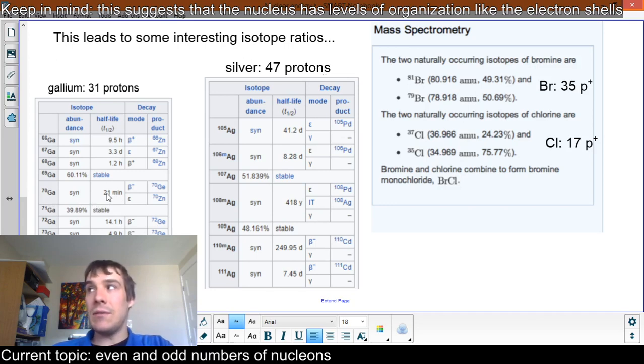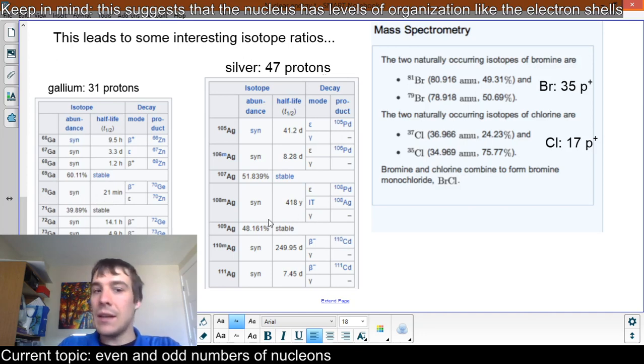So it really shows you that the number of neutrons matters. Gallium has 31 protons. Gallium 71 would have 40 neutrons, which is an even number, and gallium 69 would have 38 neutrons, which is also an even number. So the 2 even numbered ones are stable, and the odd number ones are not.